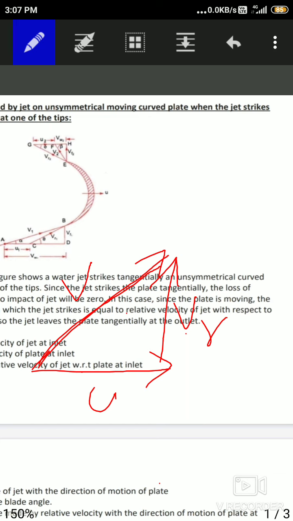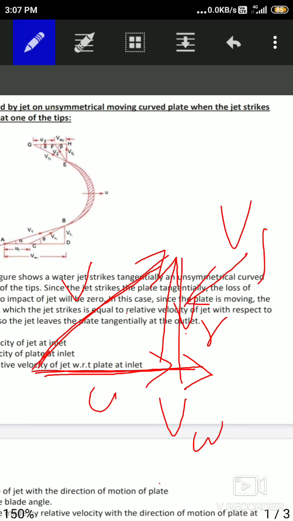One is horizontal component, another is vertical component. So the horizontal component of V is called VW, and the vertical component of V is called VF. Okay, so we'll be understanding one by one. So this is how velocity triangle is drawn. Now let's go to the main figure.